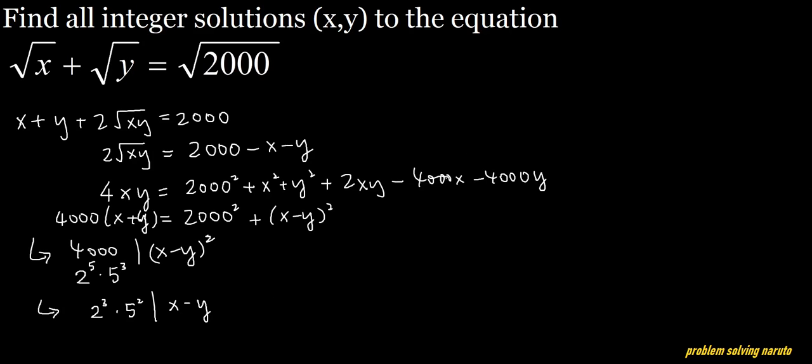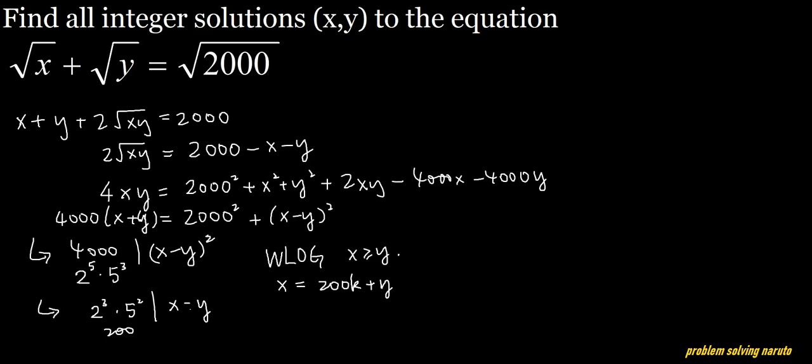As you can see, x and y are symmetric, so it doesn't really matter which one is bigger. So let's assume x is bigger. Then 200 divides x minus y, so let's say x is 200k plus y.